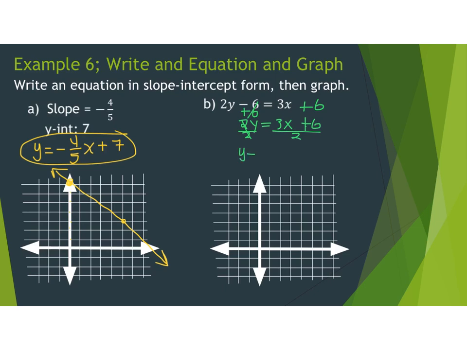So y equals 3 over 2x plus 6 divided by 2, which is 3. And then graphing that, I'm going to cross the y-axis at 3, and then go up 3 and over 2. So that would be the line.